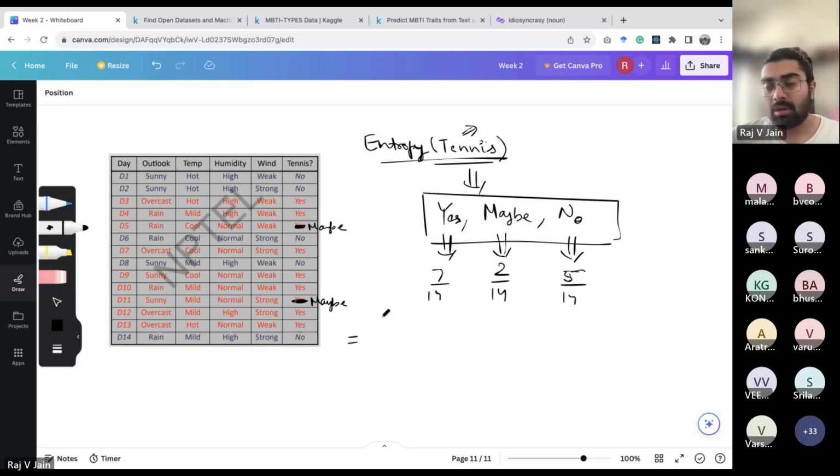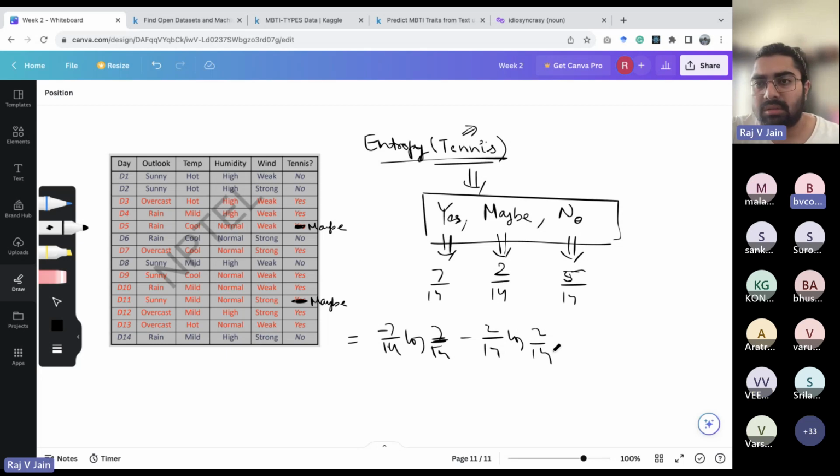We'll use the same formula. Minus 7 by 14 into log 7 by 14, minus 2 by 14 into log 2 by 14, minus 5 by 14 into log 5 by 14. That's it. The same thought process applies: we look at all possible values of the random variable.